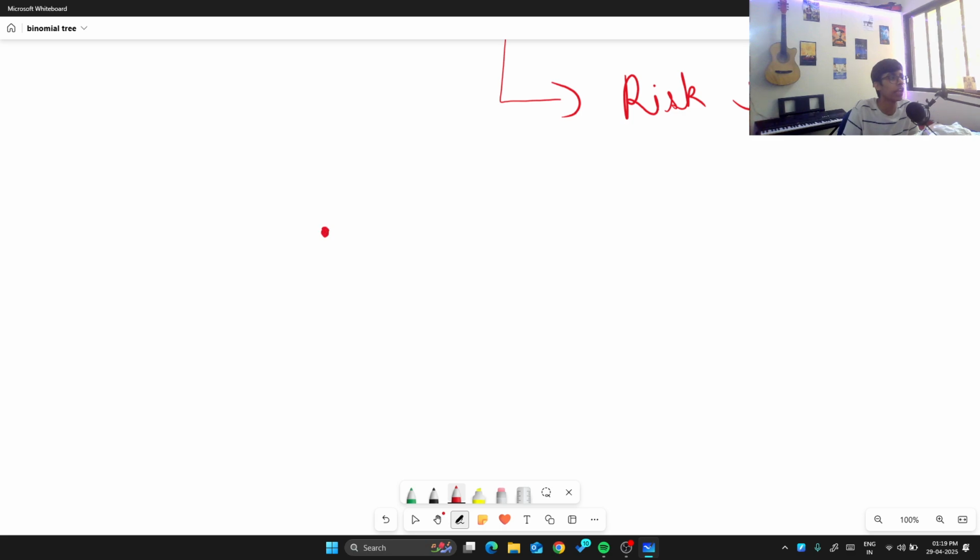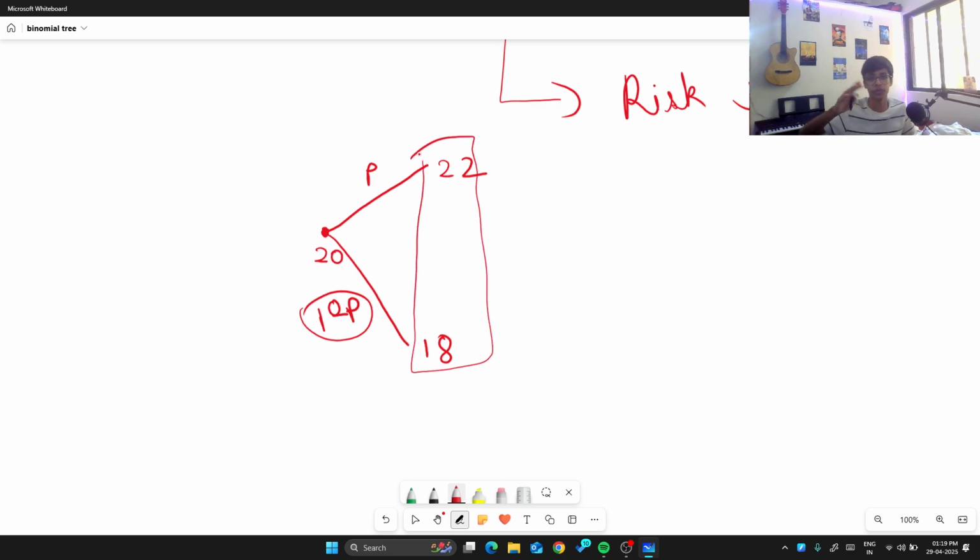Today's stock price is 20, and let's say the probability of an up movement, the price going to 22, is P. And the down movement, the price going down to 18, will be 1 minus P. We have to find the option price at T0, which is the expectation of the cash flow if the price is at 22 and at 18. Then we will discount it.